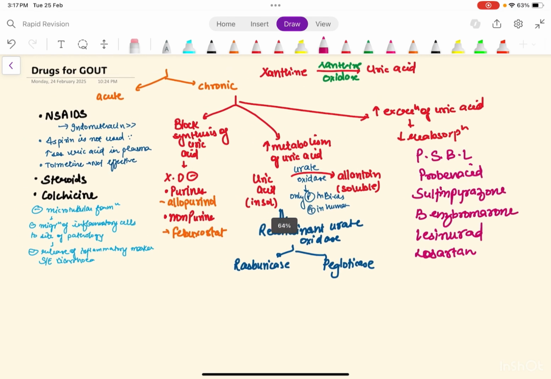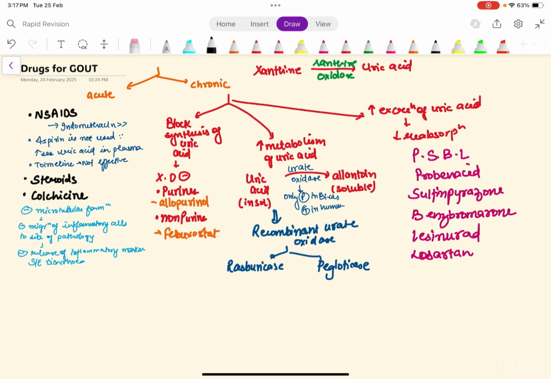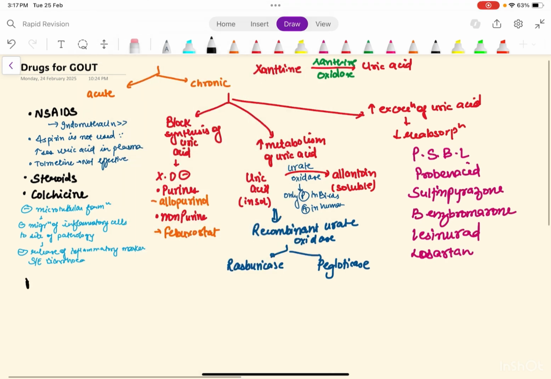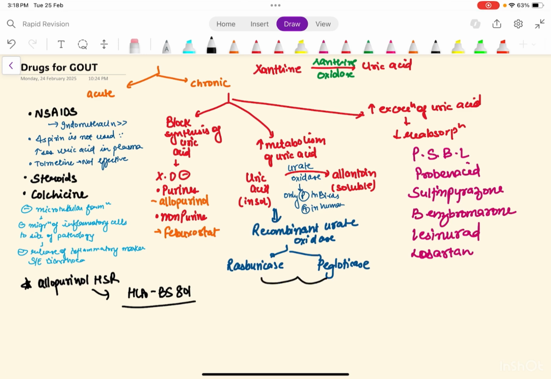All right, now a few extra pointers. Now the allopurinol hypersensitivity reactions have a predisposition to HLA-B5801. Okay, then you have to know that these are given IV.